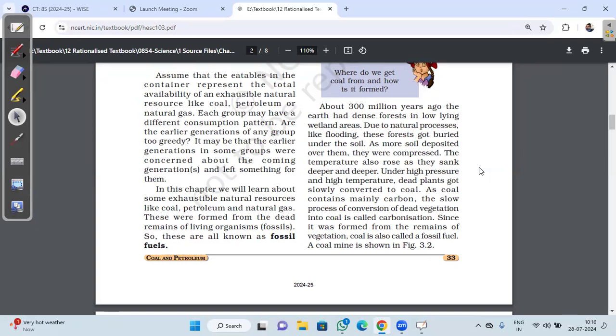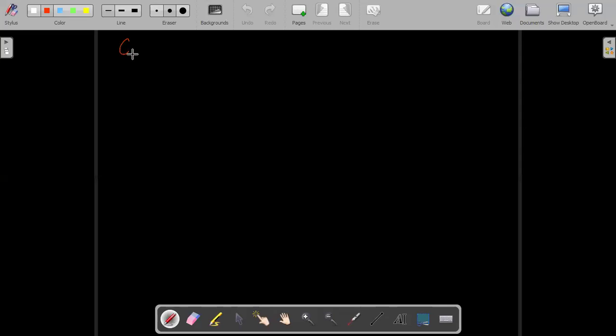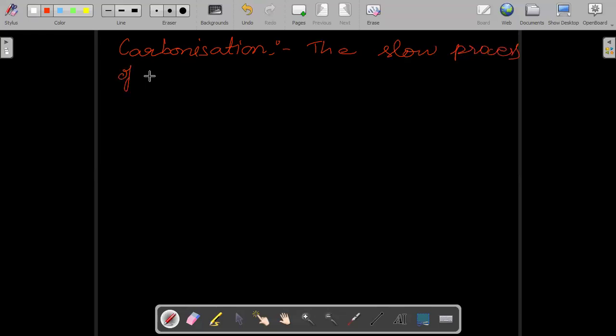Now, a very important term we have got, that is carbonization. The slow process of conversion of wood to coal, the slow process of formation of coal, is called carbonization.